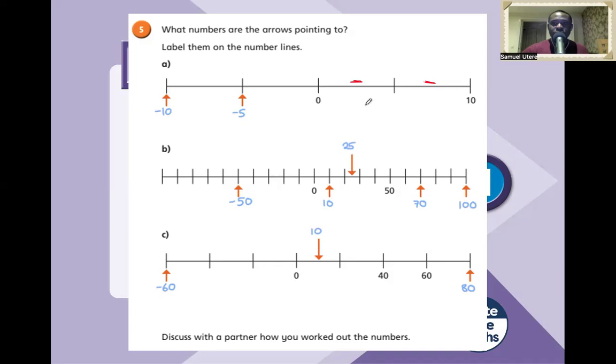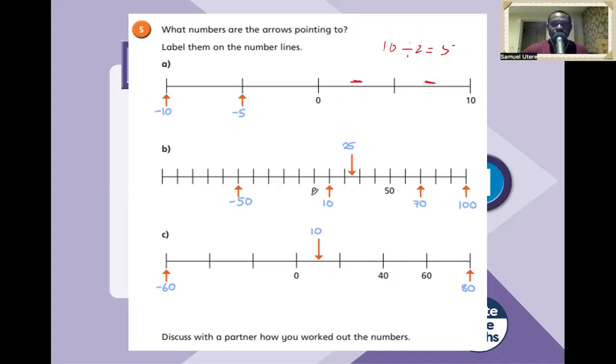So 10 divided by 2 is 5. So we know these numbers are going up either by 5 or to the left side going down by 5. So that should be negative 5 and then negative 10.